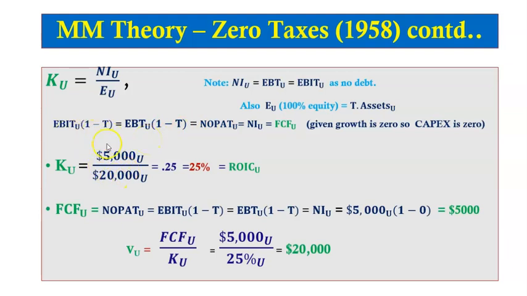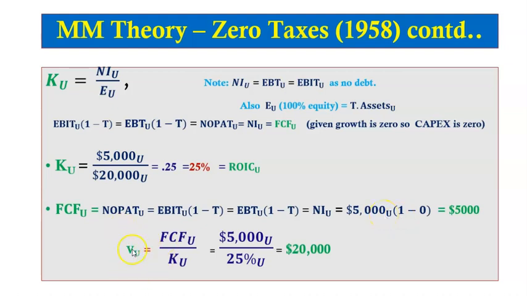Using the figures from our example, we estimate the cost of unlevered equity in this case to be 25%, which is also equal to the return on invested capital of the unlevered firm, as there is no debt in the capital structure. The free cash flow to the firm, as discussed, will be equal to the net income of the unlevered firm, which is $5,000 in this case.